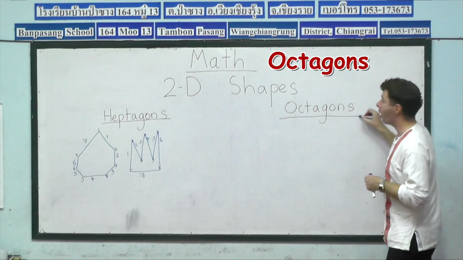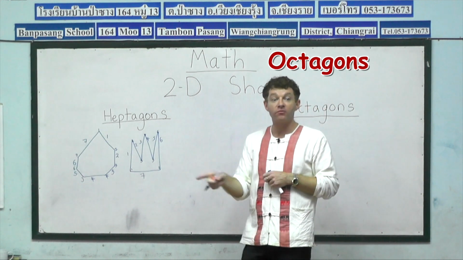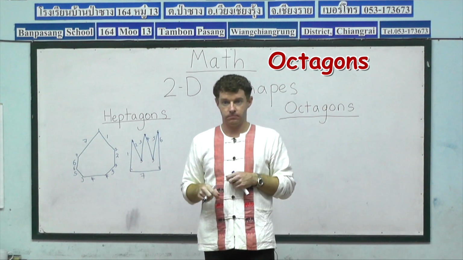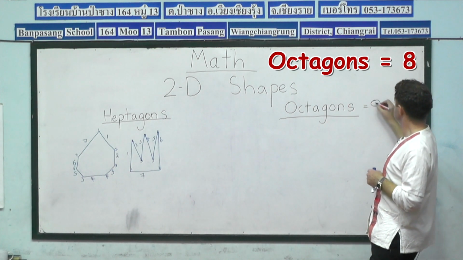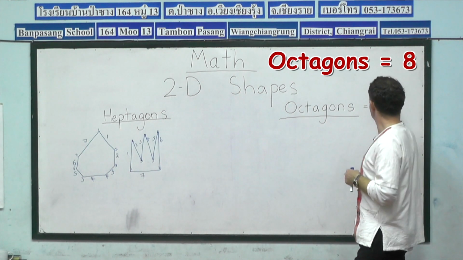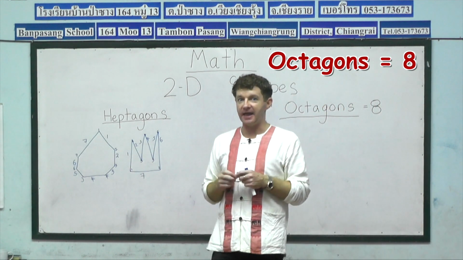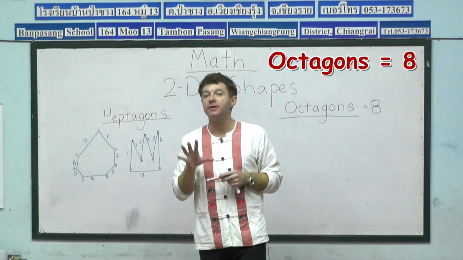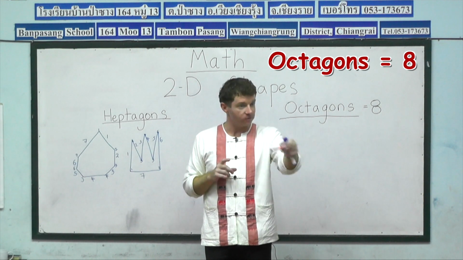O-C-T-A-G-O-N-S. Octagons. And what number does octa mean? 8. I'll give you a good example of why octa means 8. Can anybody think of an animal beginning with octa? Octopus.